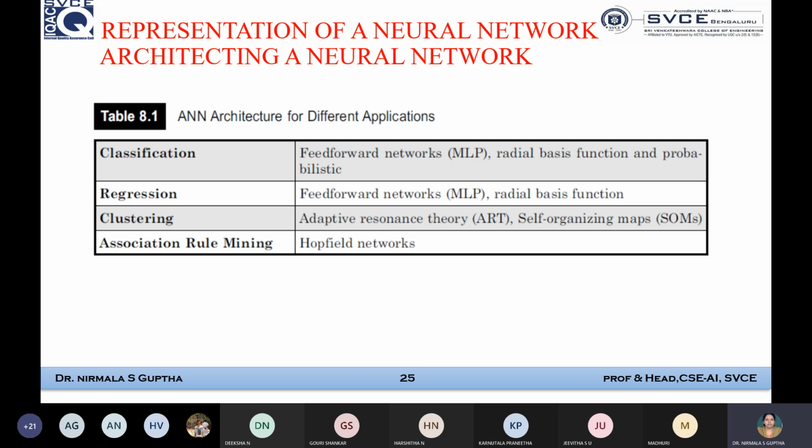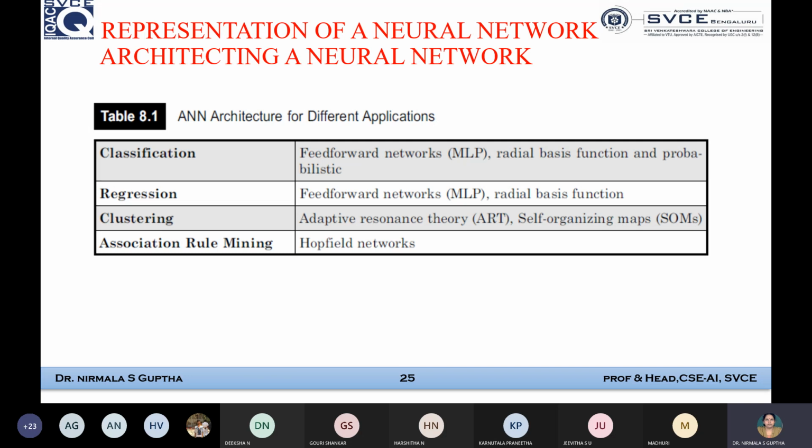It cannot be done like a plus b is equal to c, so 10 plus 20 is equal to 30, where I take a is equal to 10, b is equal to 20, c is equal to a plus b, print c. It cannot be done like that. So we need training data, we need a skilled system and skilled people, and we need to allocate time to develop an artificial neural network.